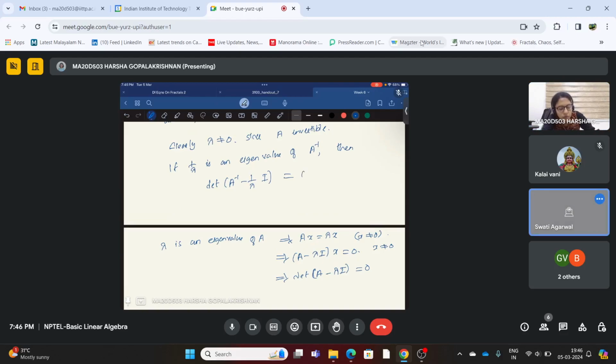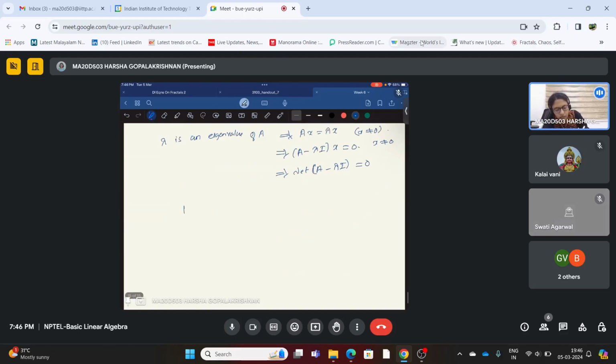So what we need to check is whether the determinant of A inverse minus 1 by lambda I is 0 or not. If it is 0, it is an eigenvalue; otherwise, it is not, correct? So let me check the determinant of A inverse minus 1 by lambda I.